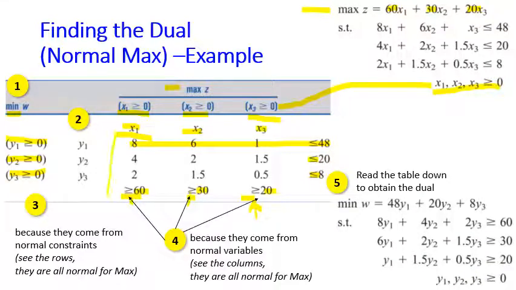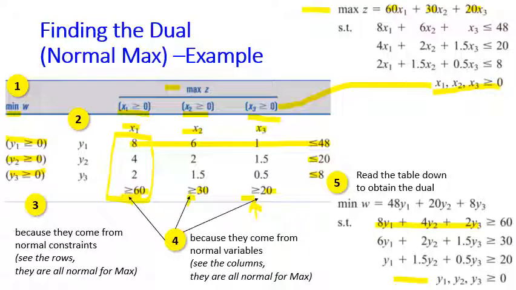So the first column says 8y1 plus 4y2 plus 2y3 greater than or equal to 60. Do the same thing up to the third constraint, and then the sign restrictions y1, y2, y3 greater than or equal to 0.